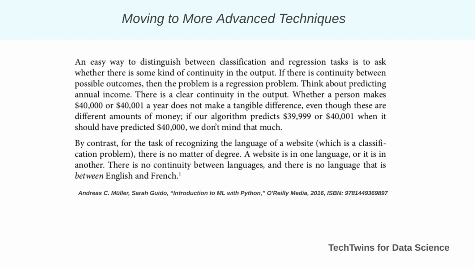Doesn't make a tangible difference. Even though these are different amounts of money, if our algorithm predicts $39,999 or $40,001 when it should have predicted $40,000, we don't mind that much.